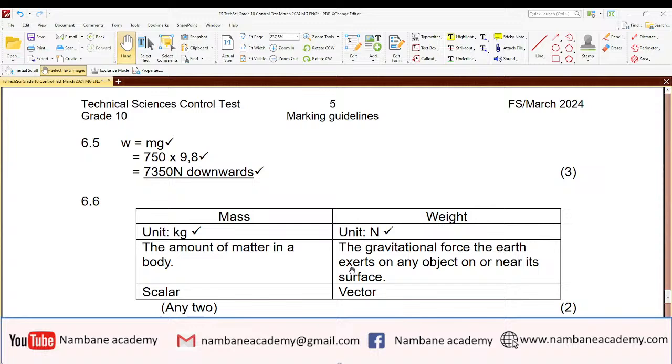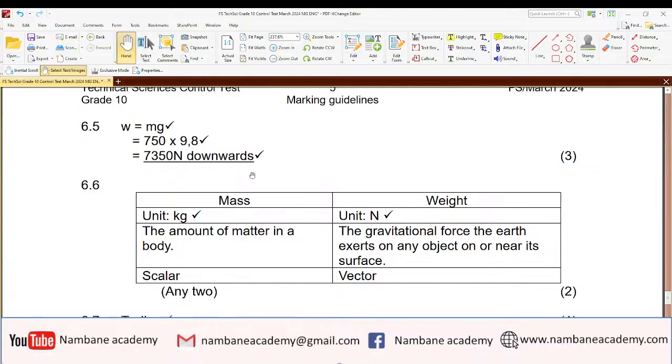But because the question did not say calculate the magnitude, it said calculate the gravitational force, we are also interested in the direction of the gravitational force. So the learners, ladies and gentlemen, for us to award the final mark, it must be 7350 newtons downwards. Very, very important, ladies and gentlemen.